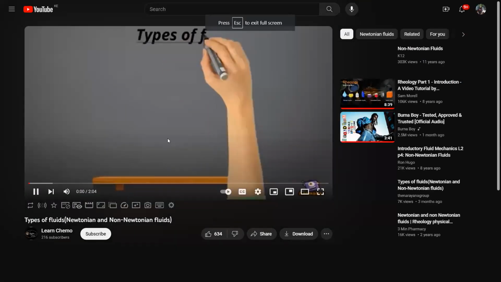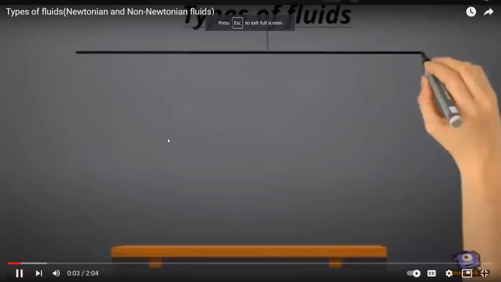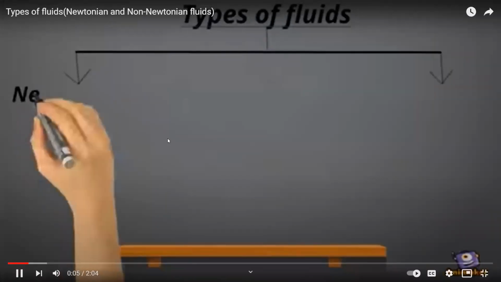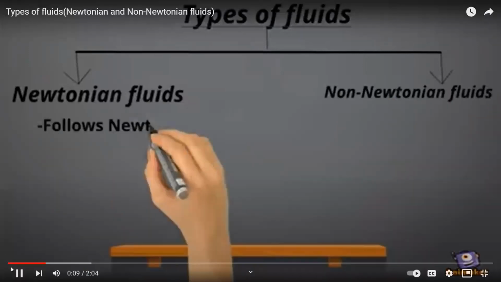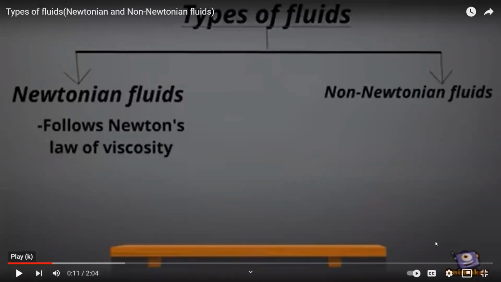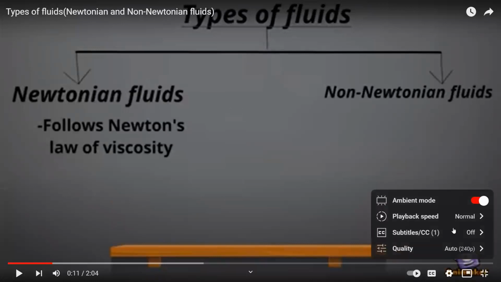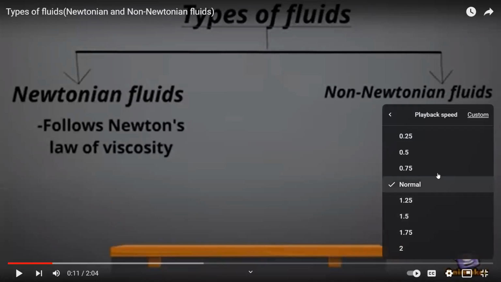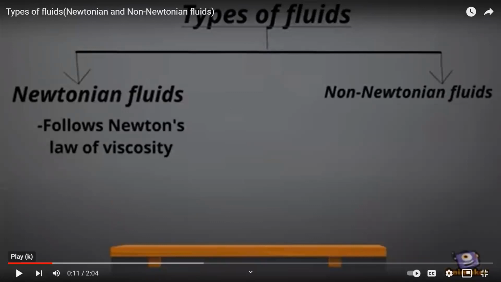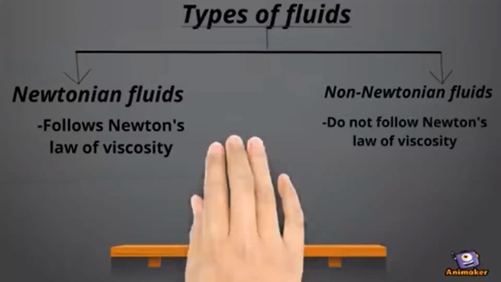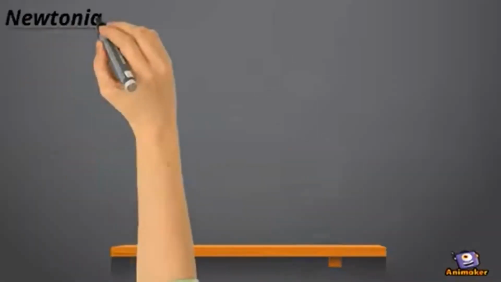Types of fluids. Generally, there are two types of fluids, Newtonian fluids and non-Newtonian fluids. The only difference between them is Newtonian fluids follow the Newton law of viscosity and non-Newtonian fluids do not follow the Newton law of viscosity. Newtonian fluids.